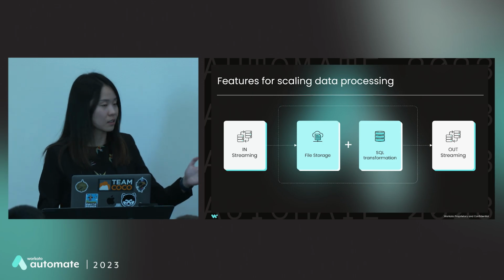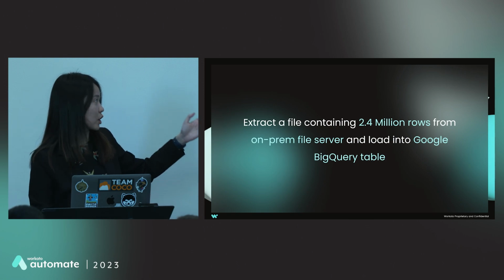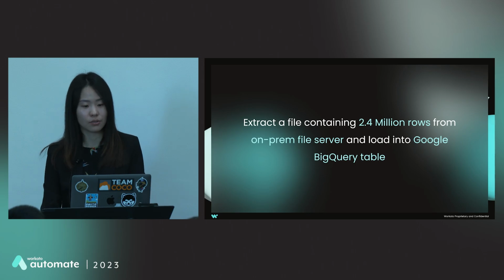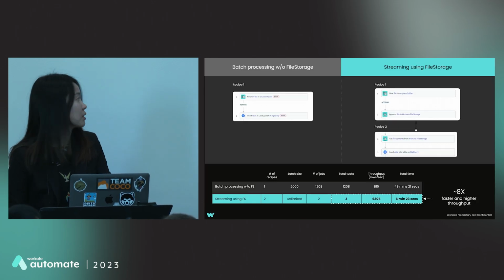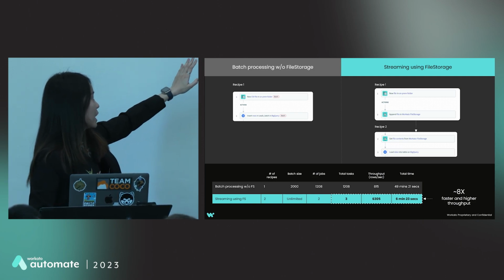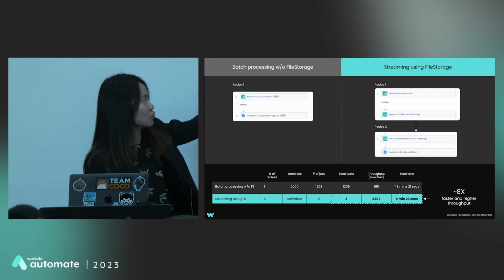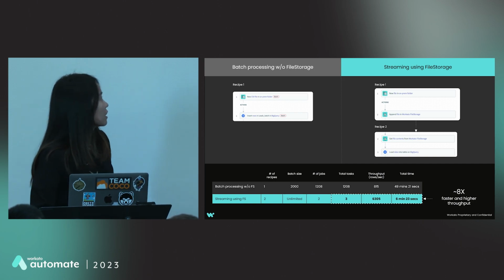So what does this mean in terms of task optimization, right? Let's take an example. We're extracting a file with 2.4 million rows and loading that into Google BigQuery. You see on the left-hand side the old batch processing method, and on the right-hand side the new 2 recipes that we're going to use with file storage, right?